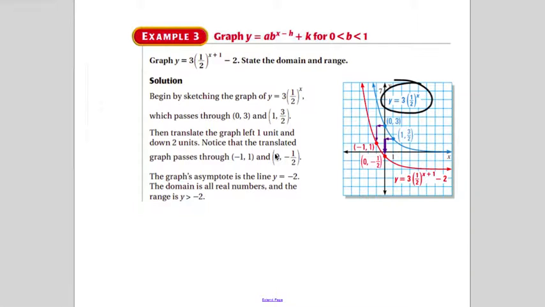And then they did the horizontal shift by 1 unit because h is -1, and then down 2 because k is -2, and you end up with the red curve. So pretty straightforward, just like the last section. If you know 4.1 well, 4.2 is just as easy.